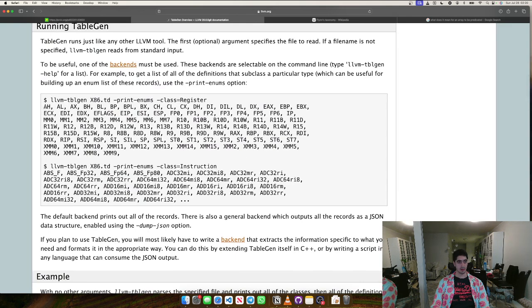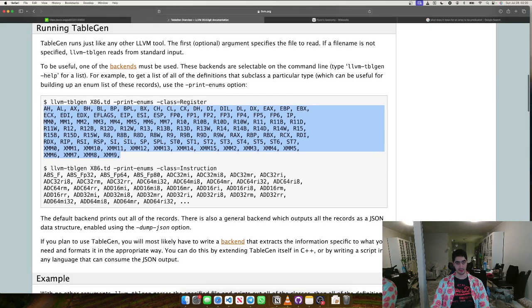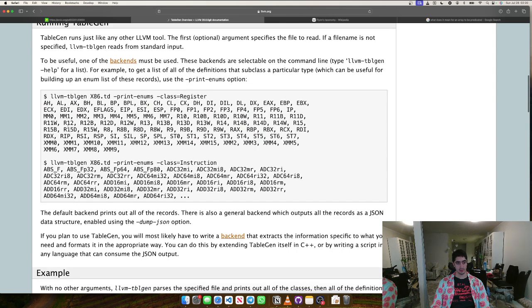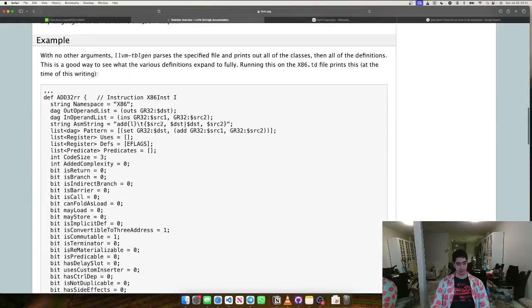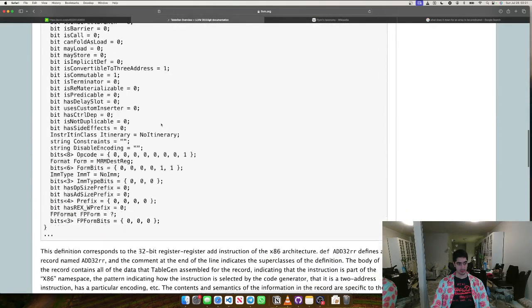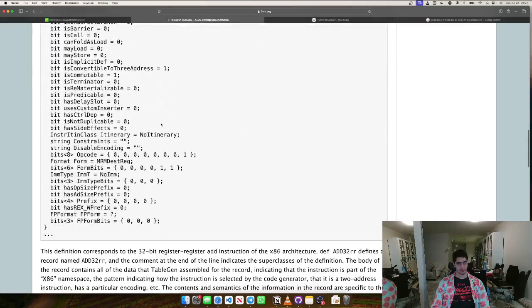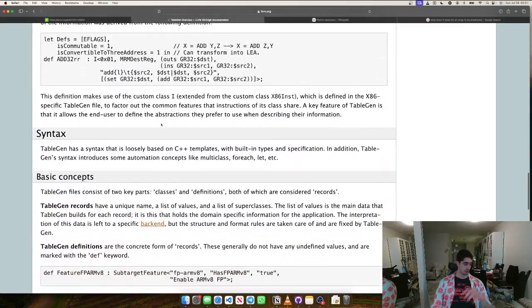Right, looks like a lot of LLVM. It looks like a lot of compiler stuff. Looks like registers, operations. Not sure 100%, but looks like it.